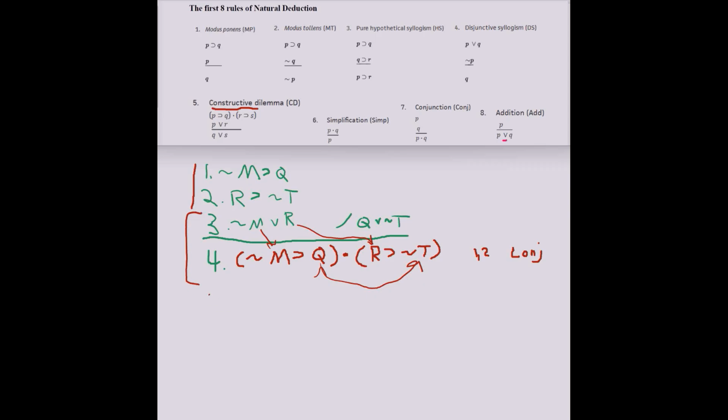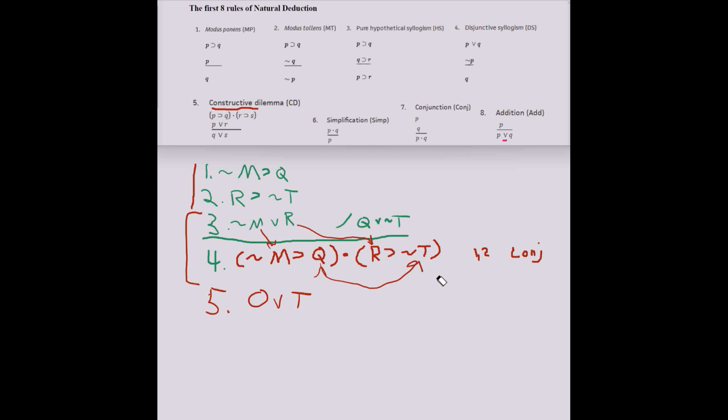So I just really need one more line. This will be line 5. Here's my Q or T is true. And I used constructive, let's write that over here.